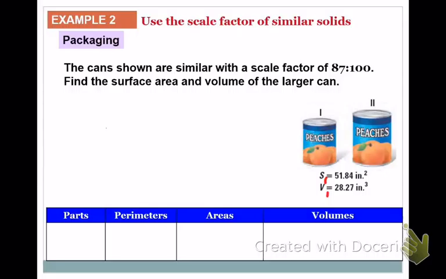Okay. So we have the parts have a ratio of 87 to 100. Their perimeters will have a ratio of 87 to 100. Their areas, we square the 87 to 100. The areas have a ratio of 7569 to 10,000.